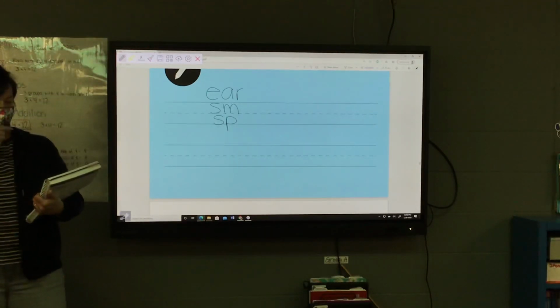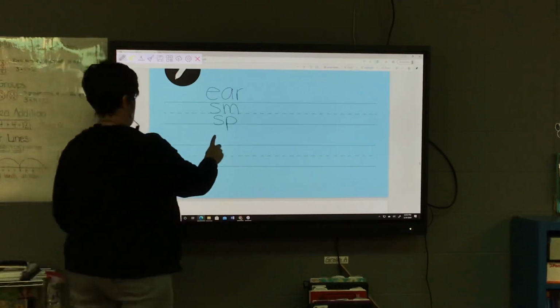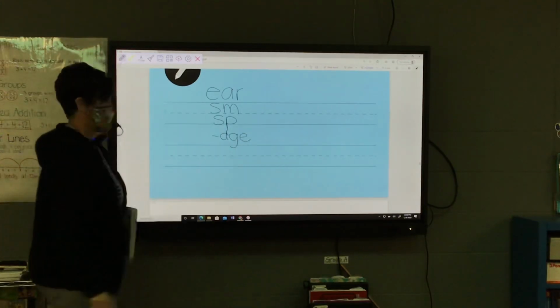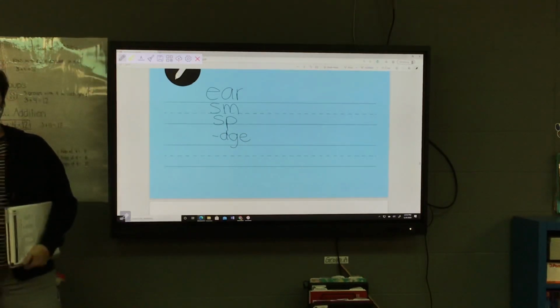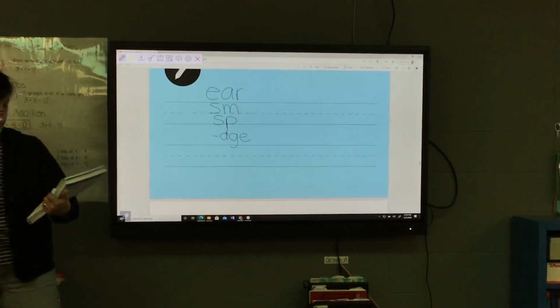J. At the end of a word after a short vowel. That was the DGE. I was going to put a G as long G, but then once you said the short vowel.